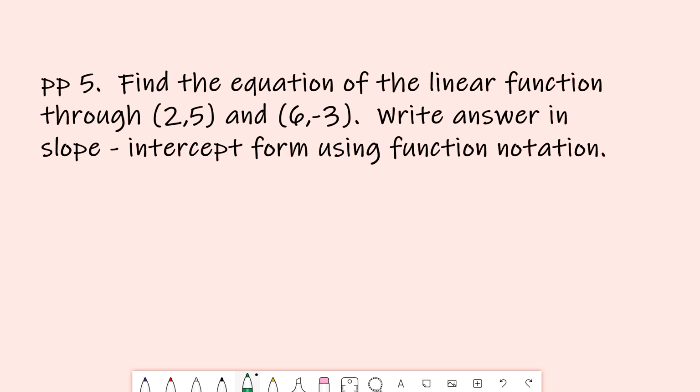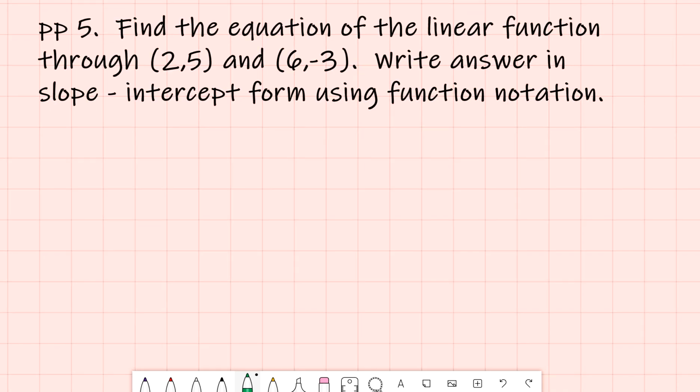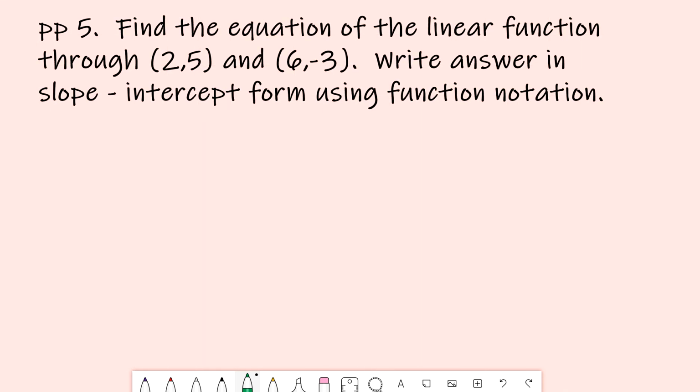Okay, in this problem, this is the hardest type of problem because you're given 2 points, but you're not given the slope. All right, so what do we do with that?